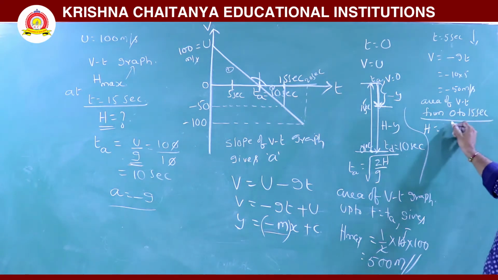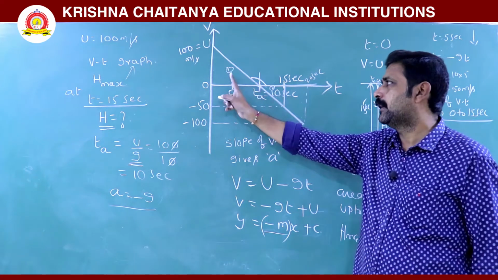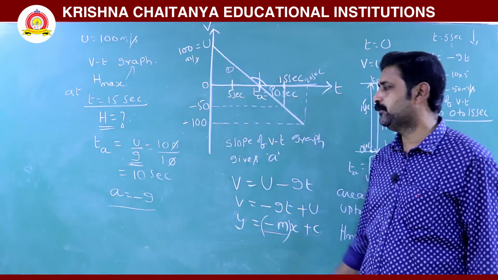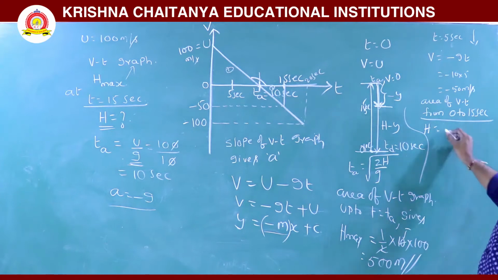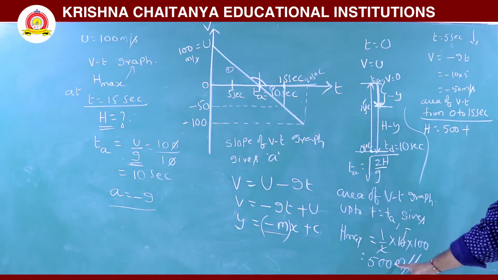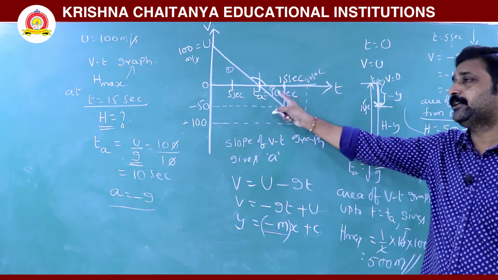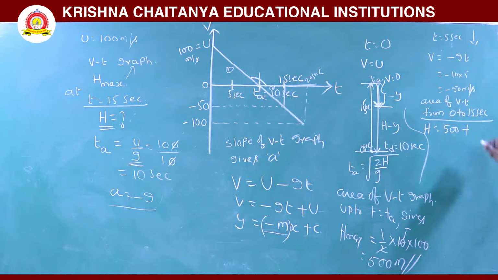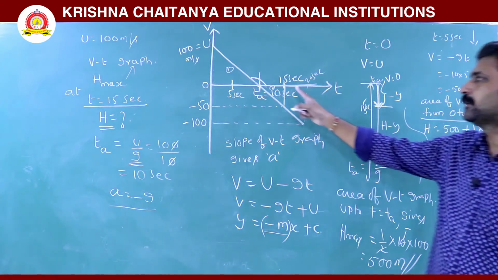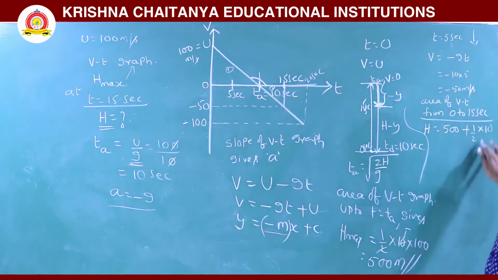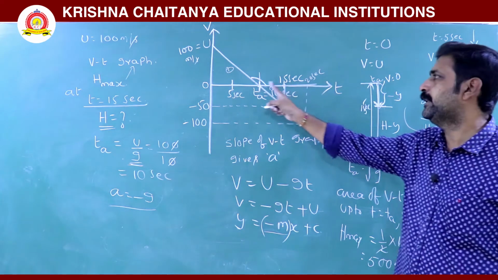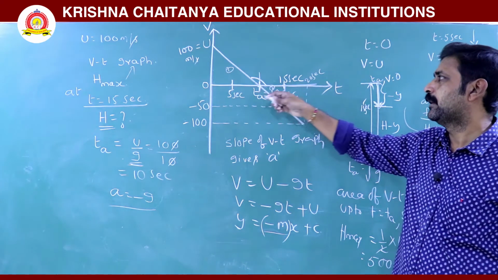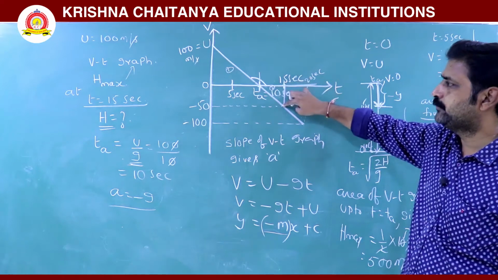The area up to here we already measured is 500, plus this negative area: half into base, 15 minus 10, which is 5, and height is minus 50.